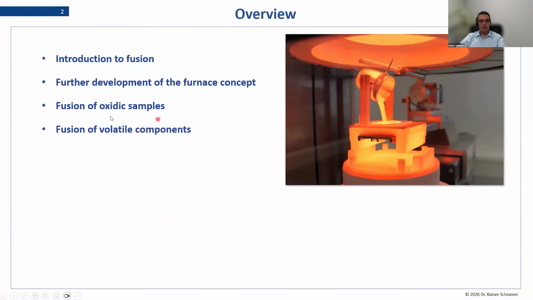I will discuss, besides the classical oxidic samples, volatile components, fusion of reduced components, and other techniques like ICP or ion chromatography, so that you see what other techniques can also benefit from such a fusion technology. And of course, in the end, we will do a quick conclusion.